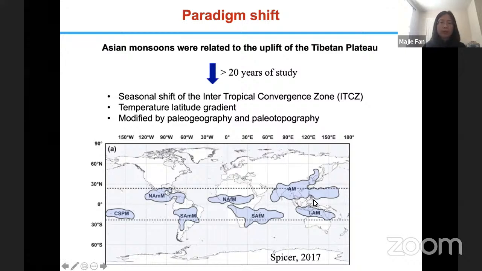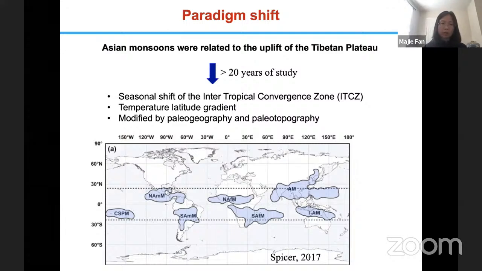This figure from Spicer in 2017 shows the distribution of the major monsoon systems around the globe. They are distributed within 30° north and south, within the impact area of the ITCZ. We also heard from Alexis that you cannot kill a monsoon by removing the high topography in Asia. If there's a temperate latitude, then there will be a monsoon.